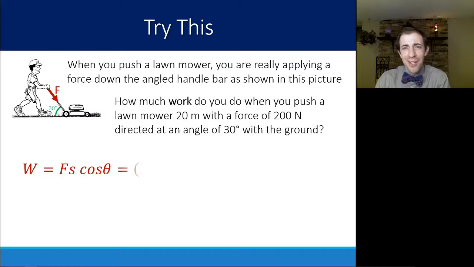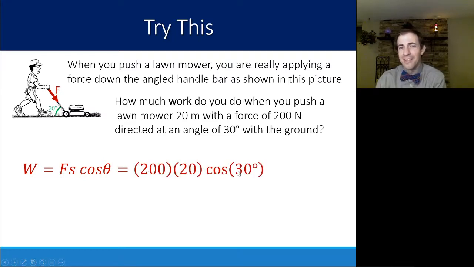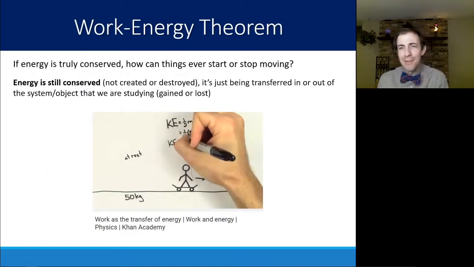So really it's just a plug and chug. You just plug in your 200 newtons, your 20 meters, and your 30 degrees. That 30 degrees being the angle at which you're pushing relative to the direction of motion. So you get 3,464 joules of energy that is ultimately added.